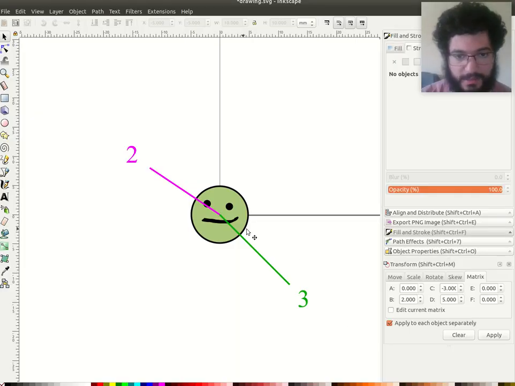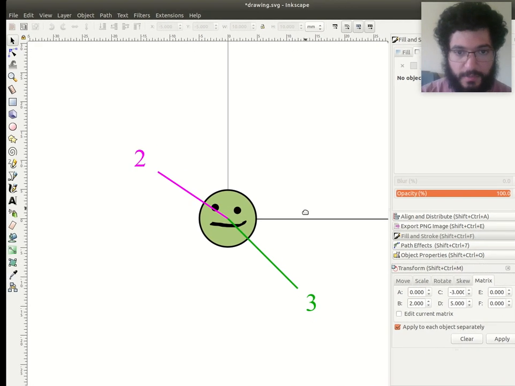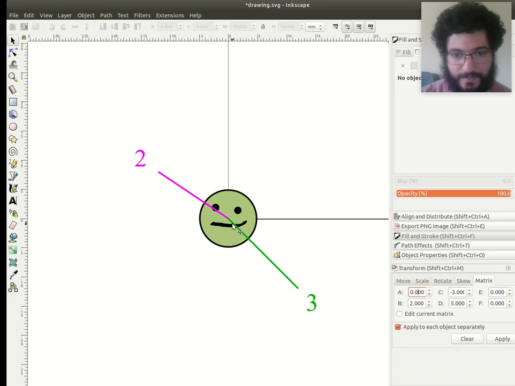So here's my smiley face again, and I've got the same matrix [0, -3; 2, 5], whose eigenvectors and eigenvalues we're exploring. But this time I've put the eigenvectors, these special directions, down for this matrix.